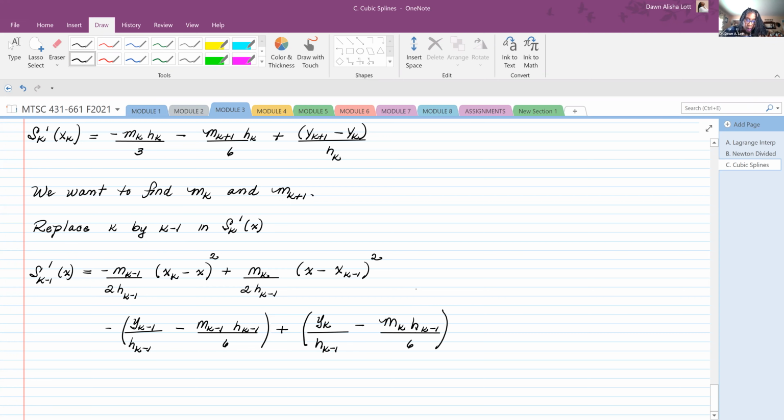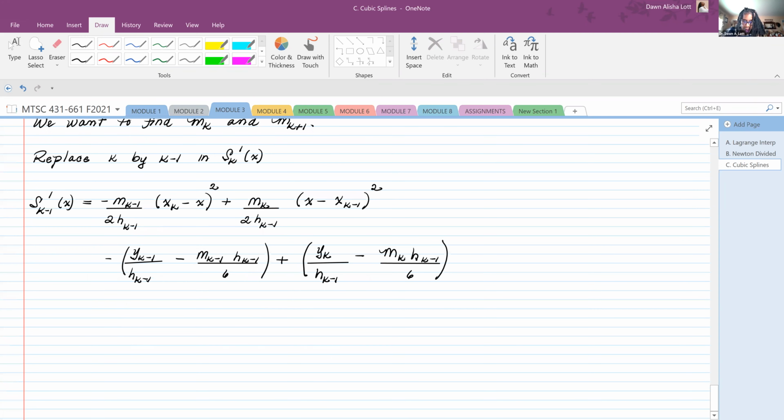Okay. So now I'm going to evaluate this at x_k. So S_{k-1}'(x_k). We're going to put in x_k. So notice when I put in x_k, the first term drops out.